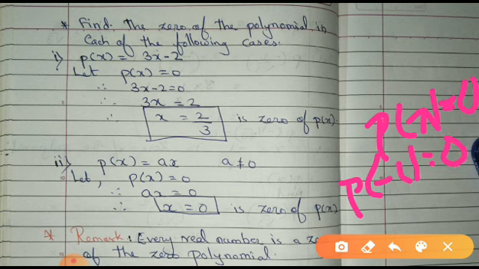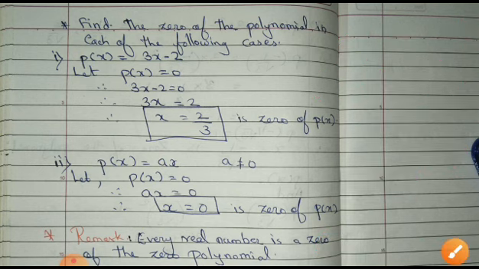So the answer comes out to be 0. Similarly, find p of minus 1 by 3, for the 0 polynomial I am saying. So again I'll be getting 0 itself. So what we can say is, for the 0 polynomial, every real number is a 0 of it.